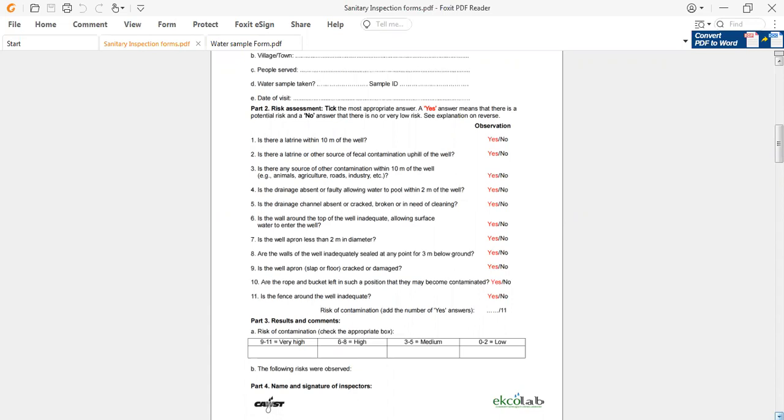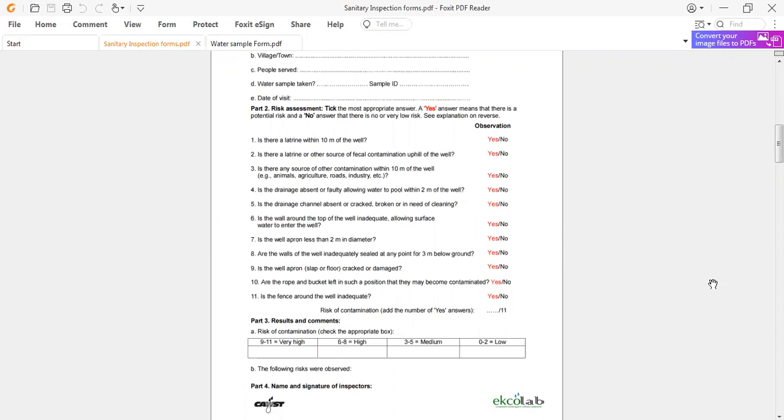Normally, wells are constructed so that the inside of the well perimeter is cemented to prevent surface water, because within the ground you still have surface water from 1 meter, from the surface to 3 meters. You may feel there's good drainage, but this water penetrates the soil and still enters the well.